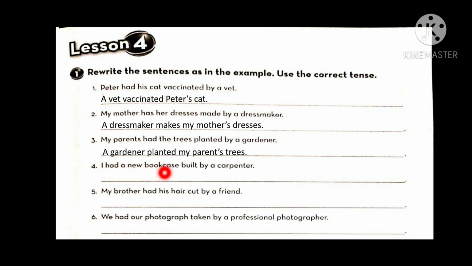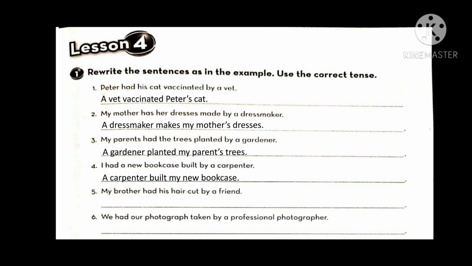Had a new bookcase built. Had object verb 3. We have here had. Had means that we should use the simple past form. Where is the subject? Carpenter. That's right. A carpenter built a new bookcase. My new bookcase. That's right.